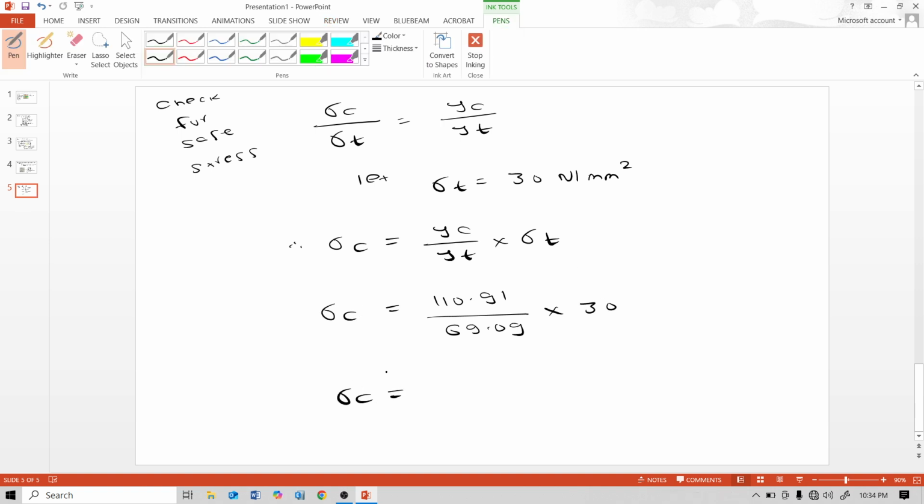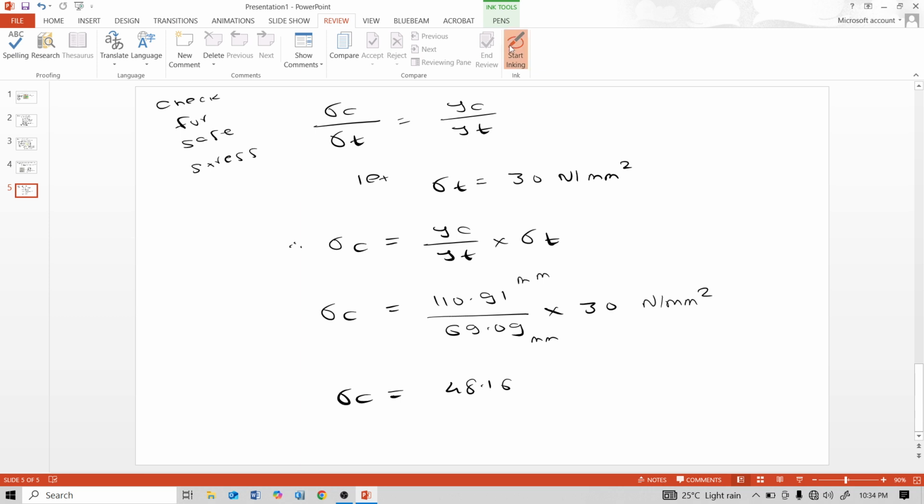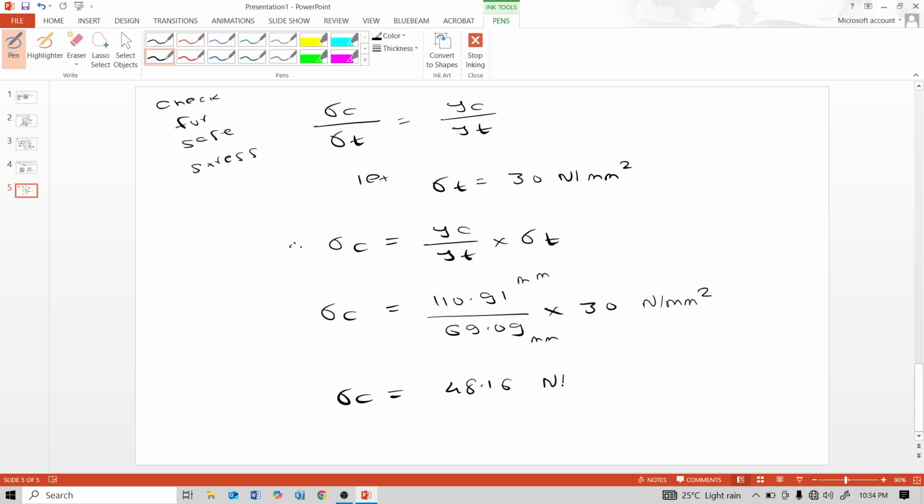Therefore sigma c is equal to 48.16. And the unit is, this is in mm, this is in mm, and this is in Newton per mm square. So 48.16 Newton per mm square.